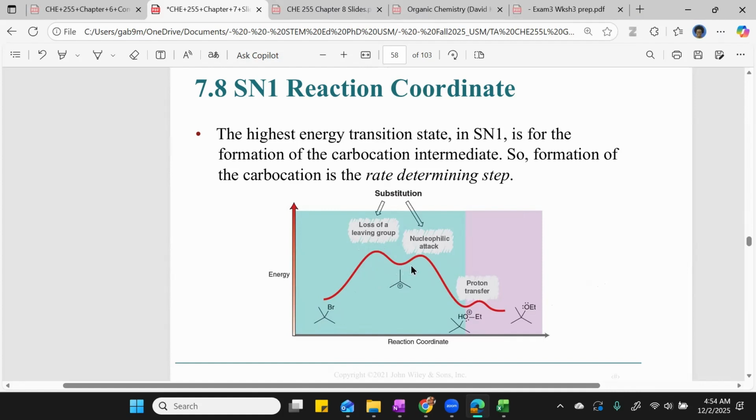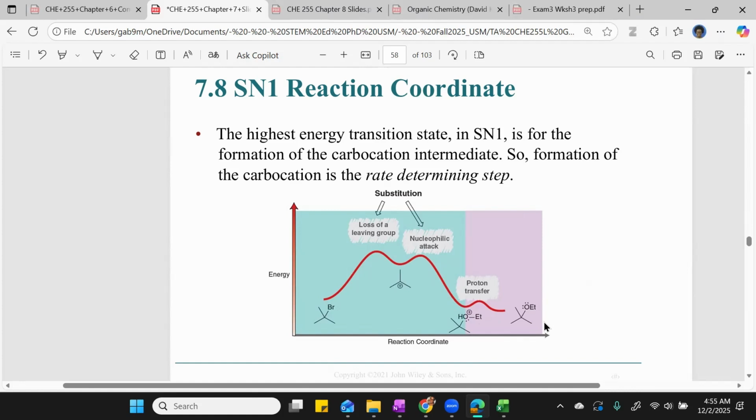It dips a little bit at the intermediate. And then we have our nucleophilic attack. It goes back up a little bit. And then as we are getting closer to our products, the energy drops back down when we're forming those bonds. Okay, so proton transfer doesn't take a whole lot of energy, right?